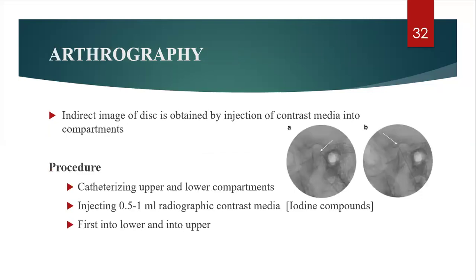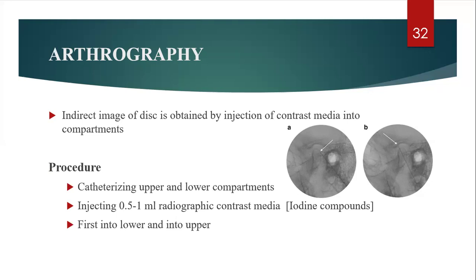Another technique is arthrography. This is an indirect image of the disc by injection of a contrast media into the upper and lower compartments. The procedure includes catheterizing the upper and lower compartments and injecting around 0.5 to 1 ml of radiographic contrast media.